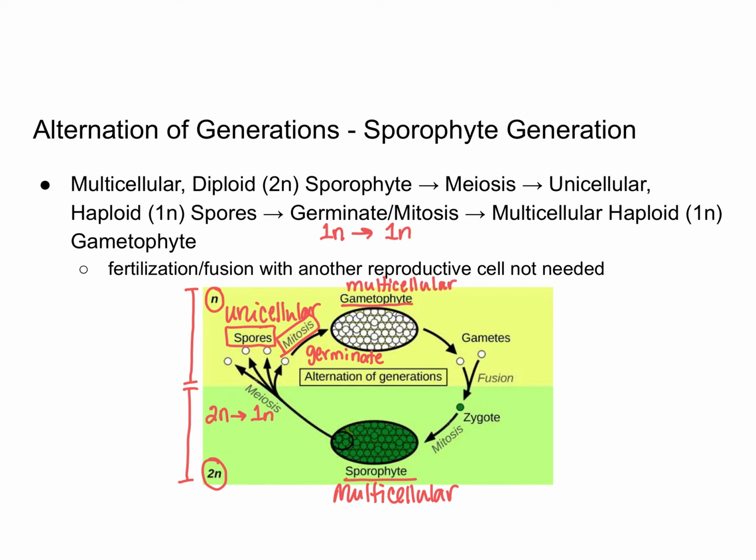So remember that when the sporophyte went through meiosis, it went from diploid to haploid. And it went from multicellular to unicellular. And then during germination, mitosis occurred, so the cells stayed haploid, but went from being a unicellular spore to a multicellular structure known as a gametophyte.